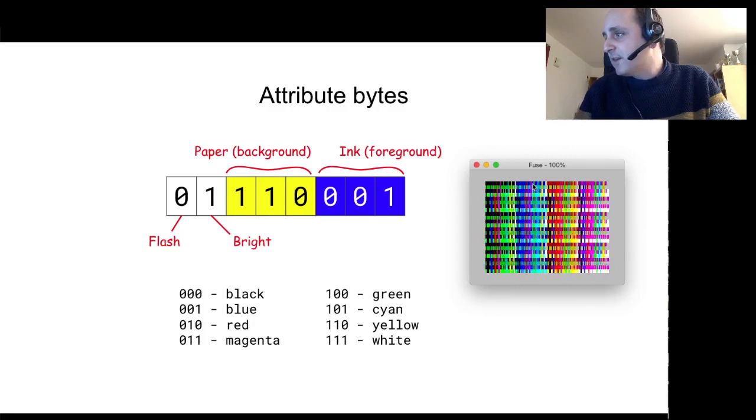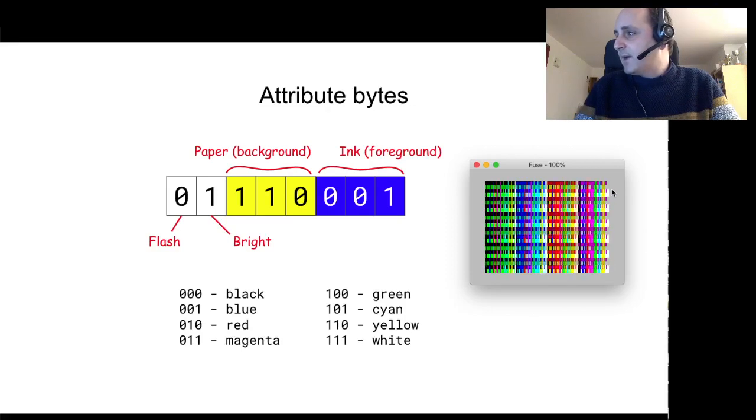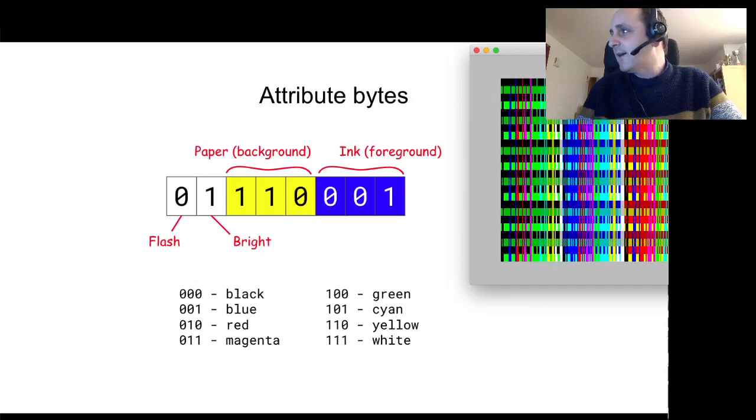The next 3 bits are the background, the paper colour. So then you see that's going blue, red, magenta, and then the next bit after that designates the entire character block as brighter than usual. So both the background and ink go brighter, so you can see there.